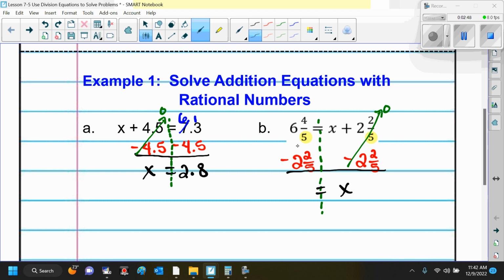And then on the other side, now we can subtract. 4/5 minus 2/5 is, what's 4 minus 2? So 4/5 minus 2/5 is 2/5, right? 2/5. And then 6 minus 2 is 4. So we end up, x is equal to 4 2/5.